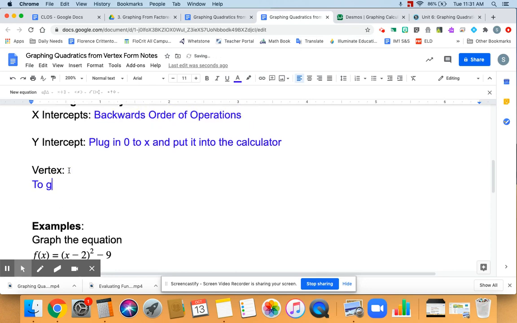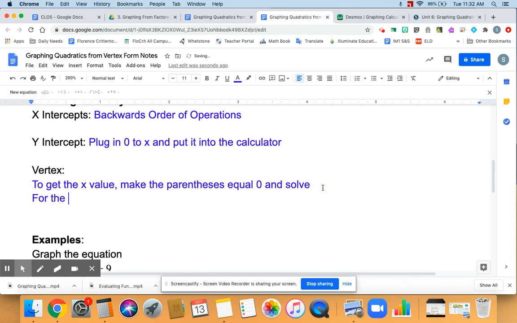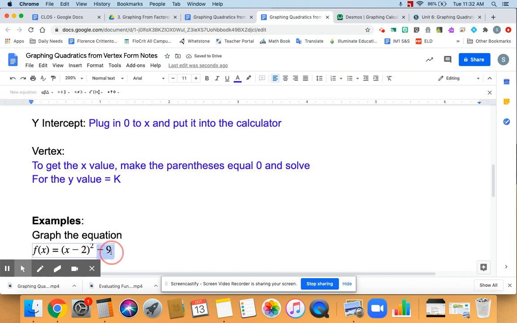For the vertex, to get the x value, make the parentheses equal 0 and solve. And then the y value just equals the k, the letter at the end. Like in this case, it'd be the -9.